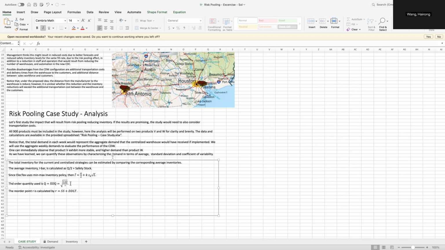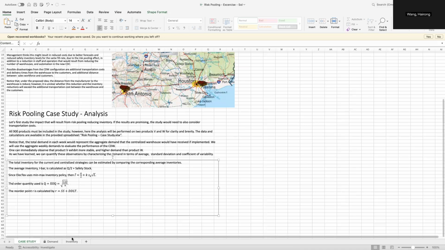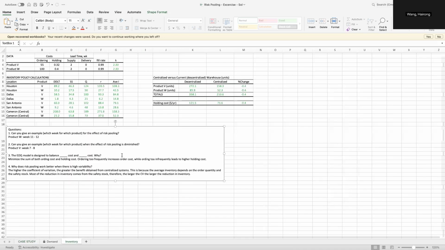Actually, the formula to calculate Q is to try to minimize the summation of ordering cost and annual holding cost. So the answer to this question is that the EOQ model tries to minimize the sum of ordering cost and holding cost, so to balance the order cost and holding cost.